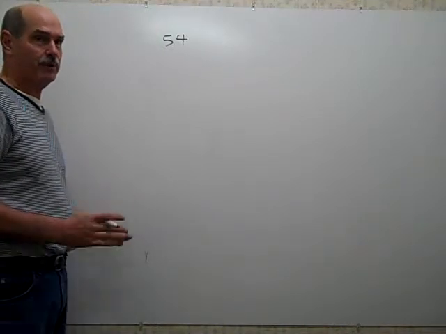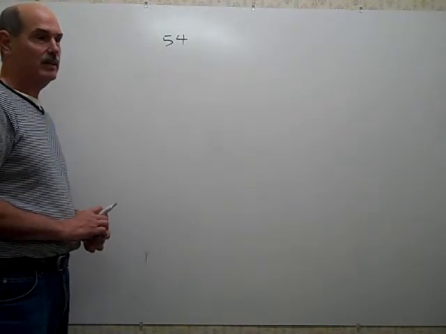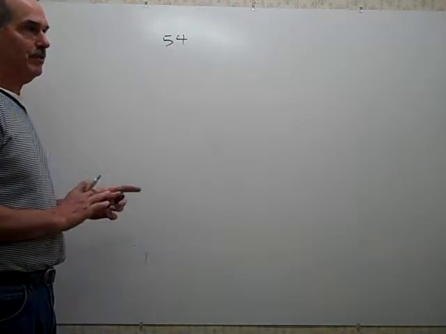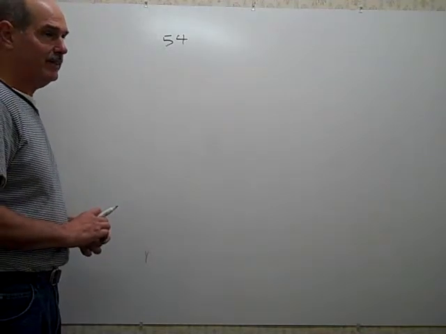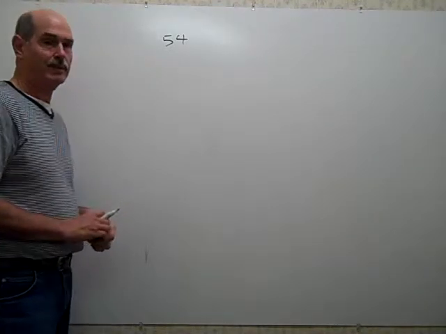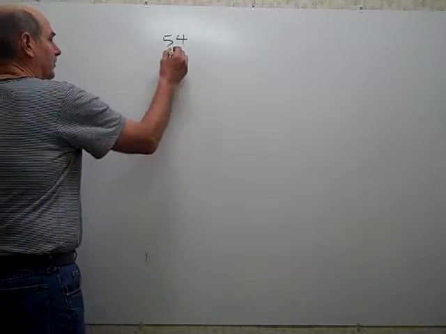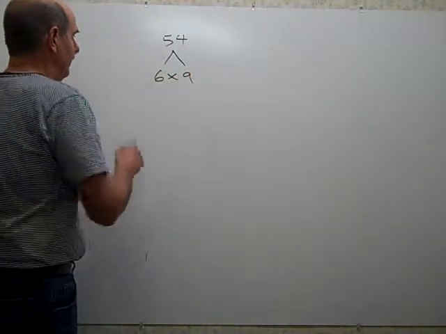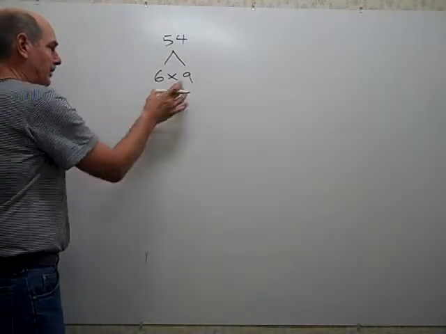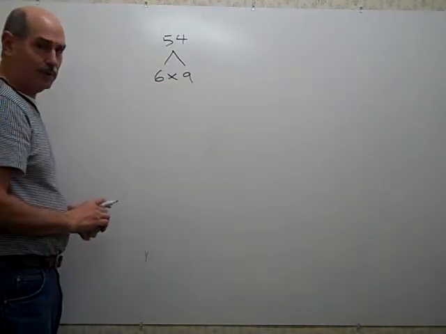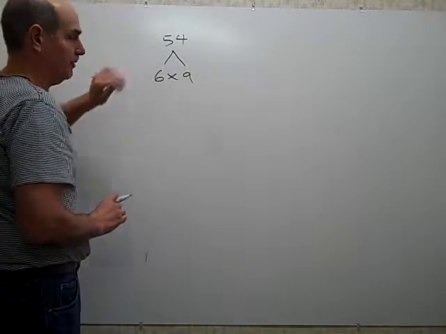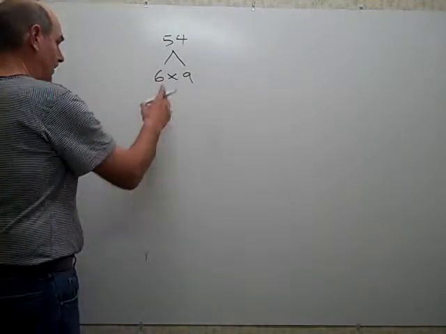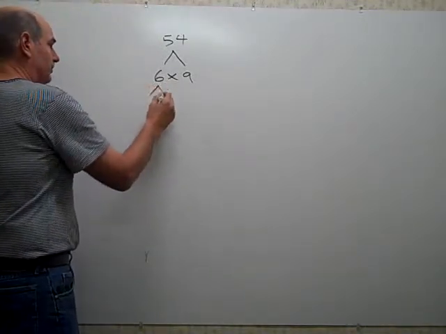And it's kind of nice when you're doing factor trees to pick two numbers that are fairly close together if you can. Rather than doing 2 and 27, we can use 6 and 9. It'll get us done a little bit quicker with this factor tree method. So at every part of the factor tree, the product should multiply together to get the number that we're factoring, which is 54. 6 times 9 is 54.